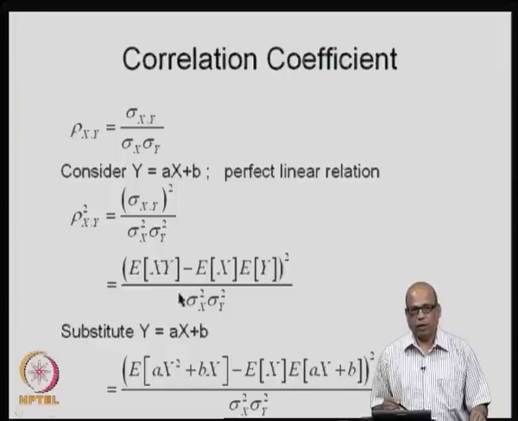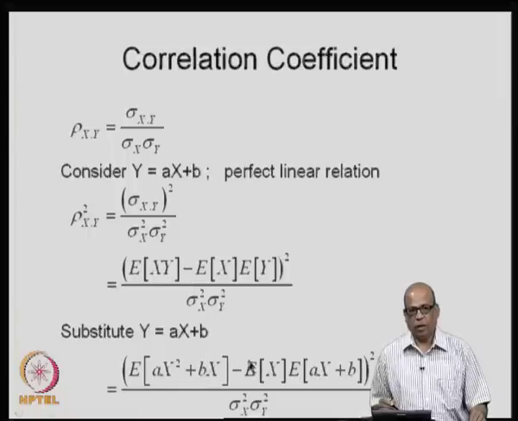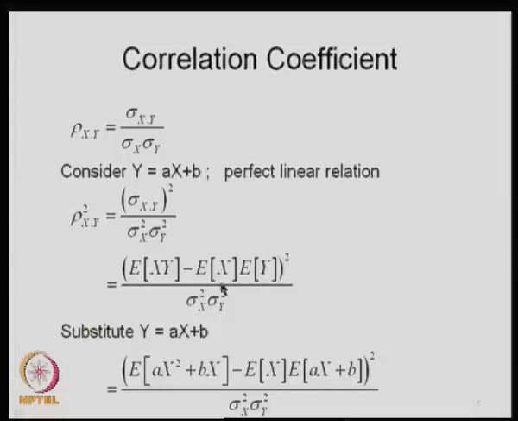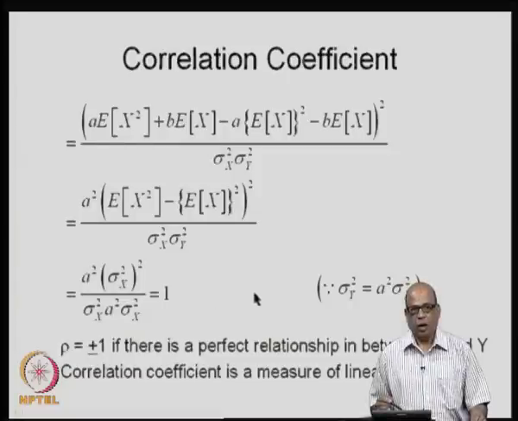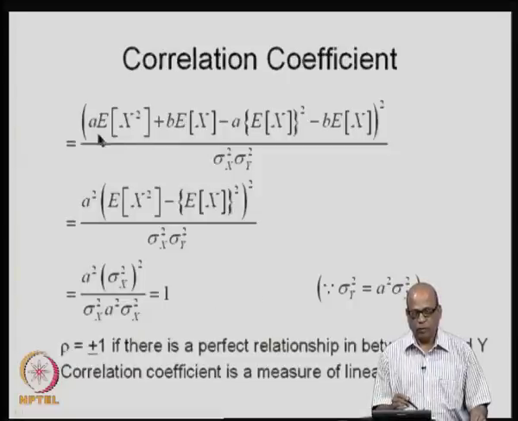So, wherever y is there, I will substitute a x plus b and simplify this as expected value of a x square, because y is equal to a x plus b, x minus expected value of x and expected value of y here, which is expected value of a x plus b. The denominator we will keep as it is, and then when we simplify this, what do we get?